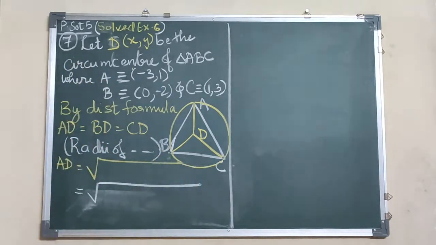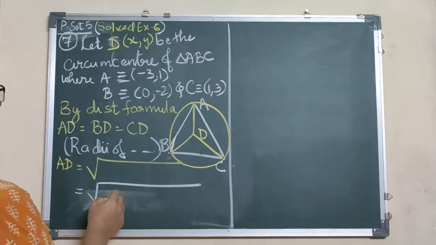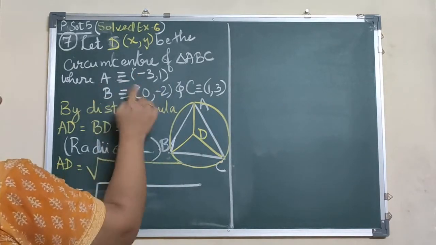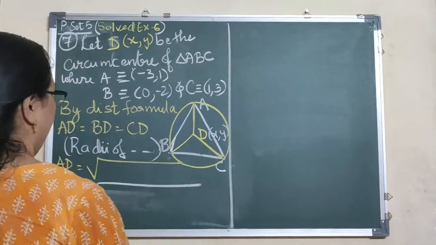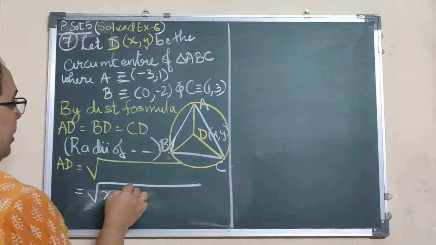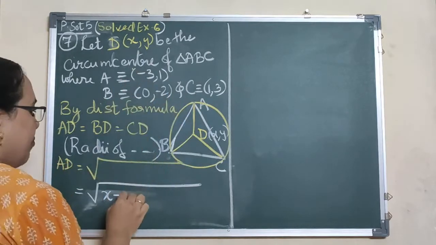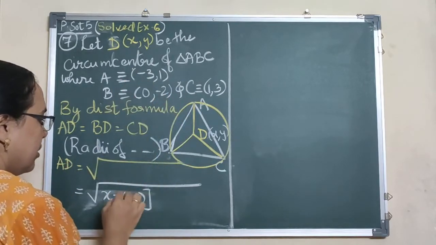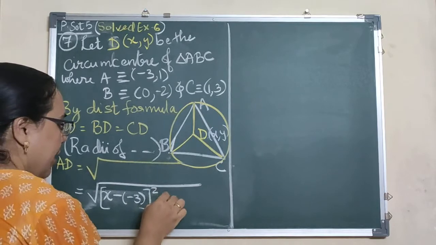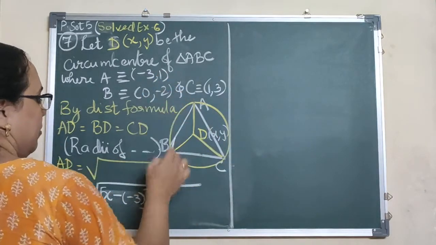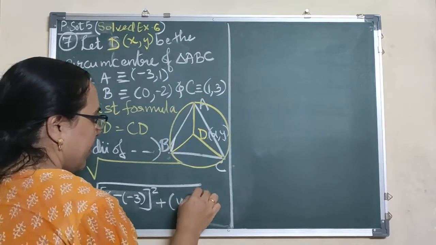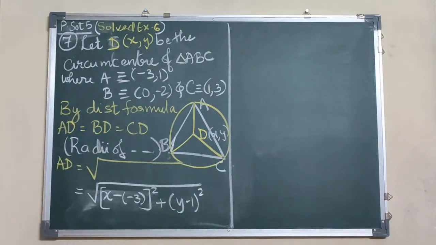So let us substitute. So I take A, and D is already written by us as x comma y. So x minus of minus 3 the whole square plus y minus 1 the whole square.